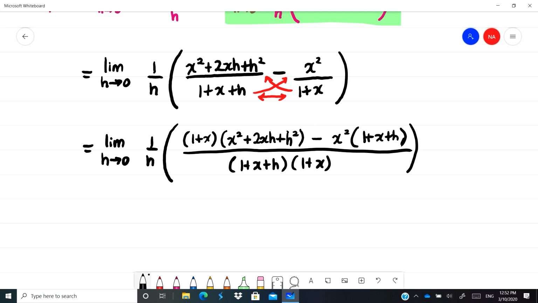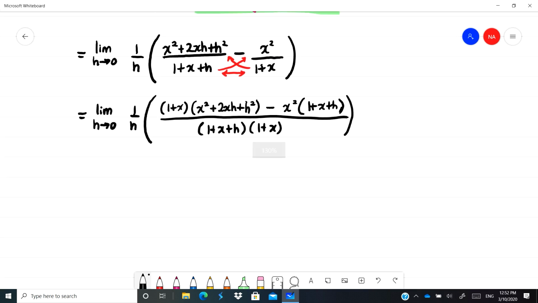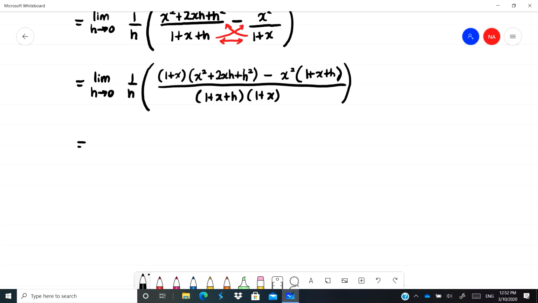You don't even have to expand the denominator. In this case, I'm trying to simplify the numerator. So what I'm doing is I want to expand this part and also this part.